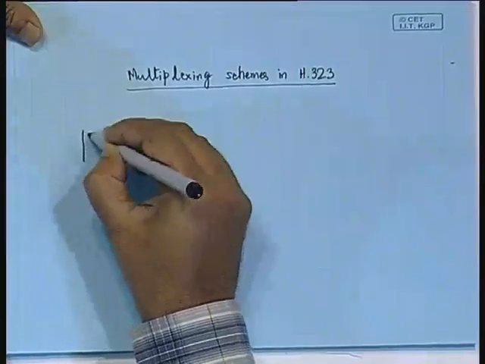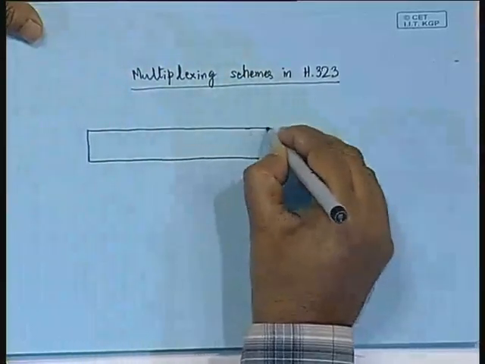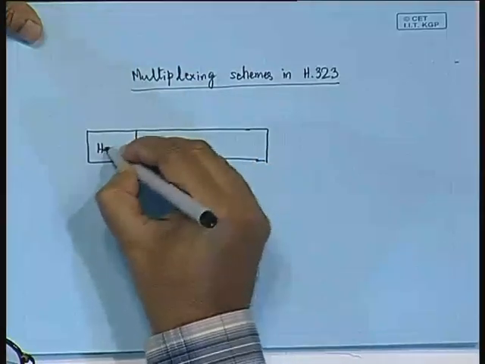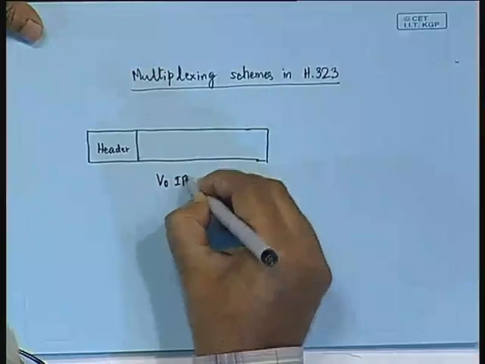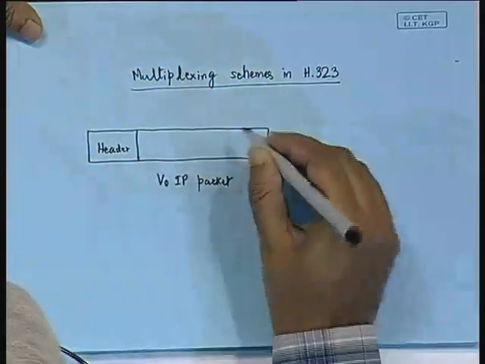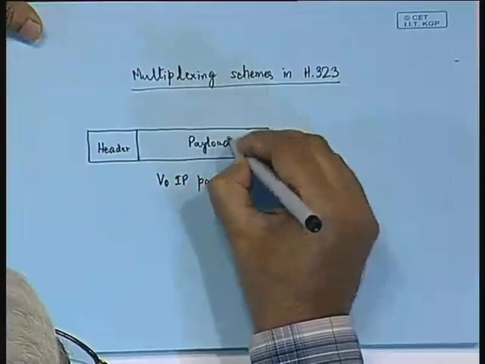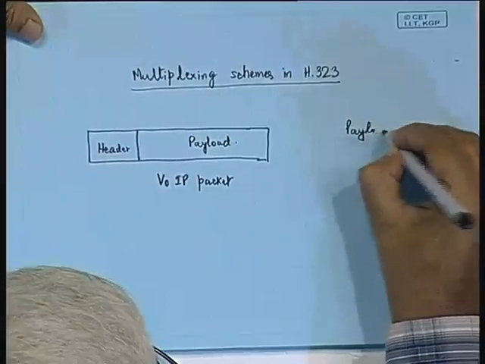So suppose this is the header information, which is more or less fixed for a VoIP packet. Say this is the composition of a VoIP packet, with the header and the payload.